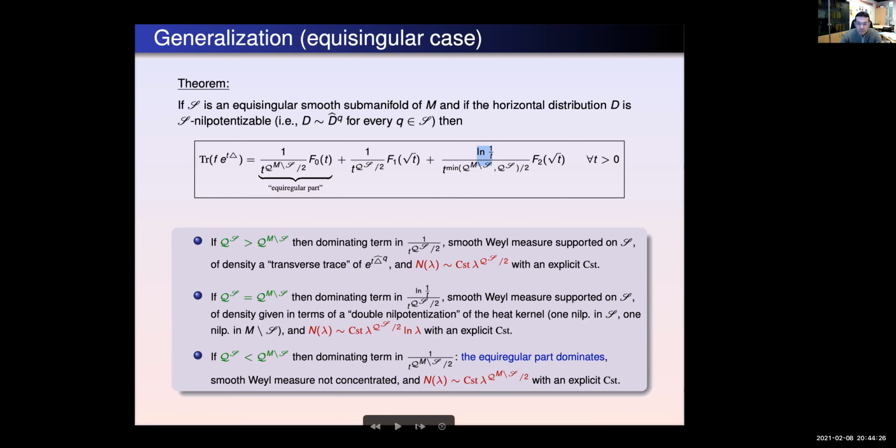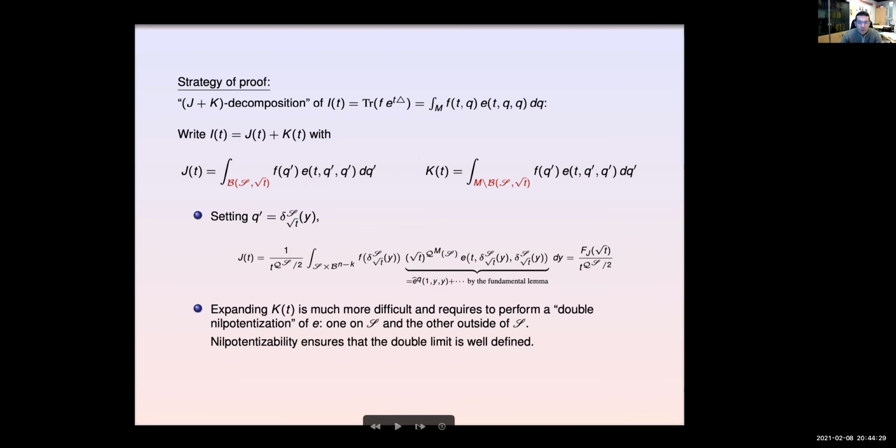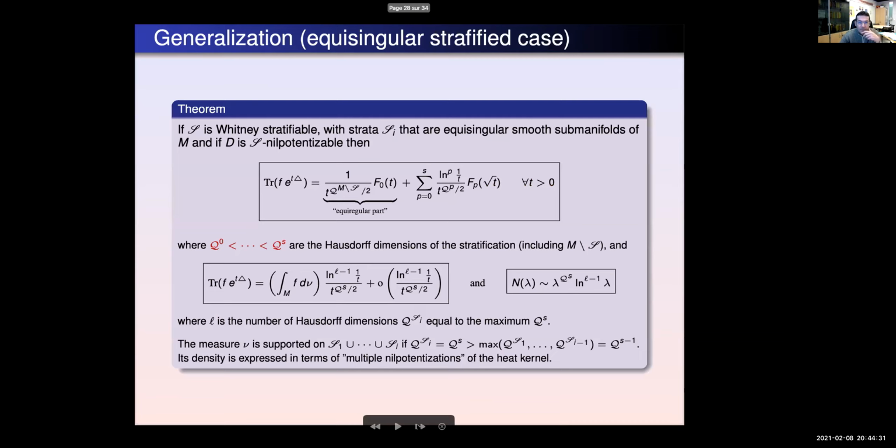Actually, this theorem, let me maybe pass on that. This theorem can be generalized to a much more general situation where you assume that the singular set is Whitney stratifiable. I mean, there are several possible strata.